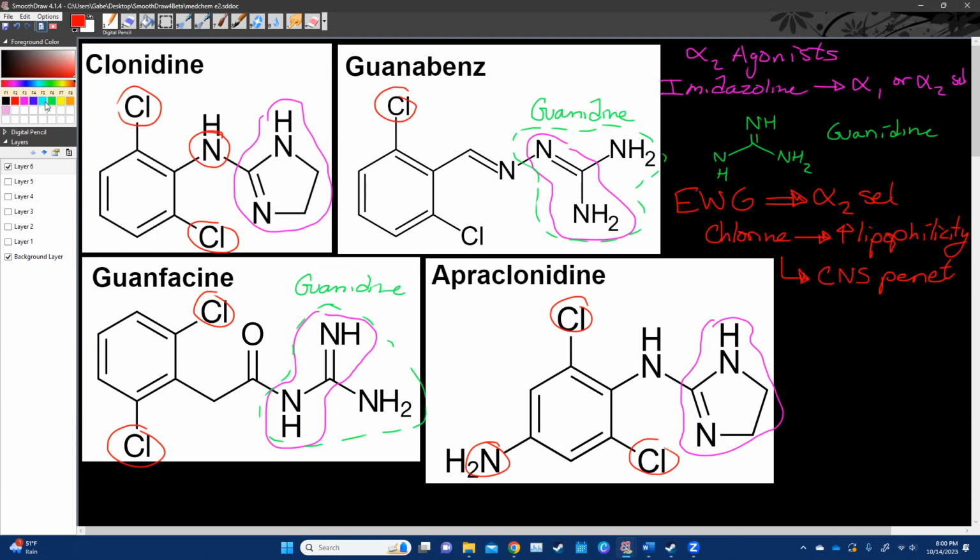The exception is apraclonidine. Remember, an amine is a basic functional group. So in acidic conditions, this nitrogen here will be protonated. And the NH3 is going to prevent absorption.